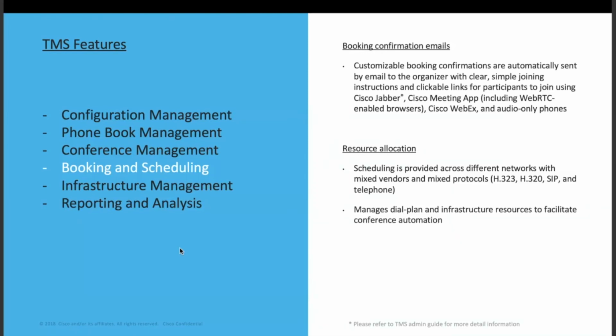TMS will look if other resources are available at that time because the current resource is already occupied. So that resource allocation is taken care of by TMS. In case other resources are not available, it won't let you book the second meeting. You have to reduce the number of participants, reduce it by 10, and then check if that is acceptable to TMS, and only then will it let you book.